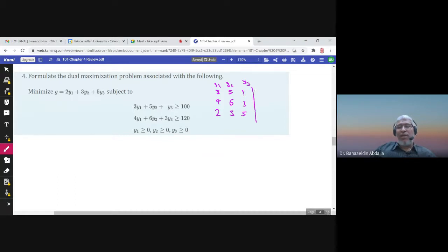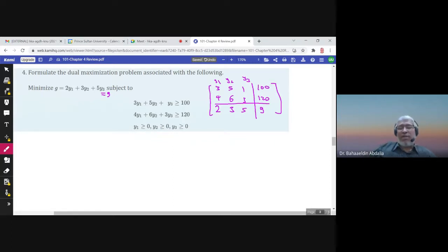And then I write the right hand side. I have 100, 120, and the right hand side here is G. Okay. So this is the matrix associated with the minimization problem.